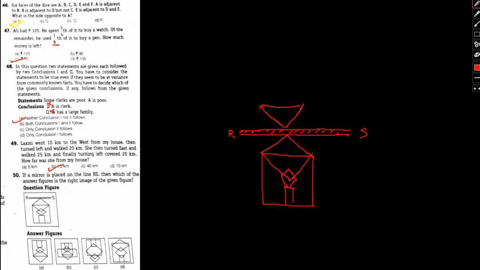Again we'll have a rectangle over here, and subsequently another thing here. The figure would look something like this. That is option A. Yes, option A is the matching option, so option A will be our right answer. I hope this is clear to you. Just an inverted image will be formed.